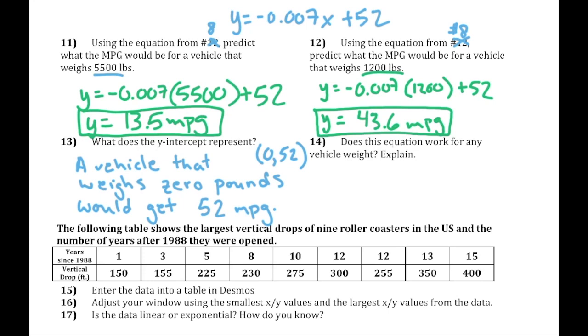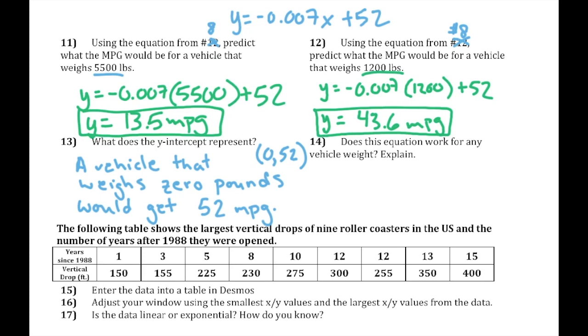So we actually have to think of a vehicle's weight and decide, does this still work? So if we were to consider these possibilities, the 0 won't work because there's no vehicle that weighs 0 pounds. But is there a vehicle that weighs a certain amount of weight and that doesn't fit this trend? It doesn't fit this situation.